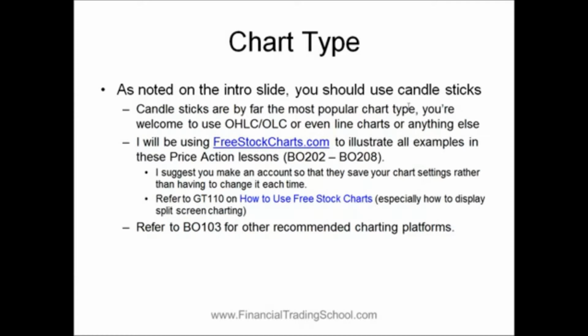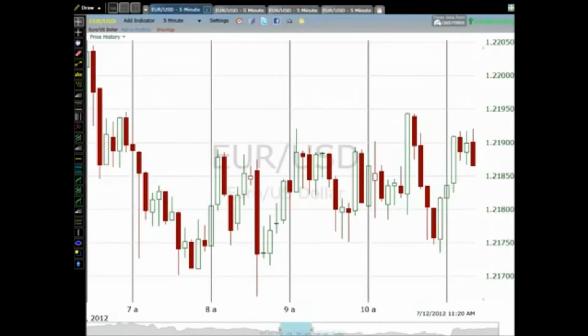So I'm going to flip to free stock charts now to show you guys the basic outline of how the probability zones are drawn and what's a confirmed level, what's an unconfirmed level, etc. So here is free stock charts on the 5-minute chart of the Euro USD on July the 12th, so this past Thursday. This is just to be quick.